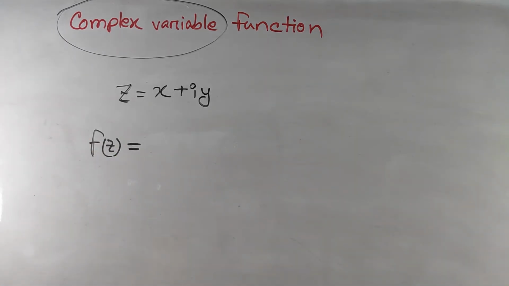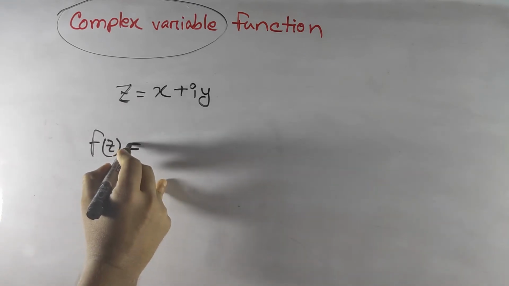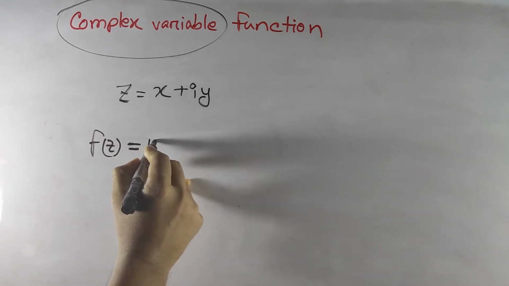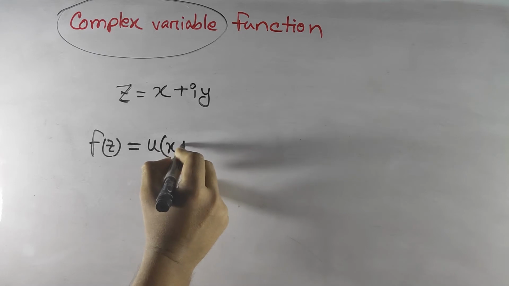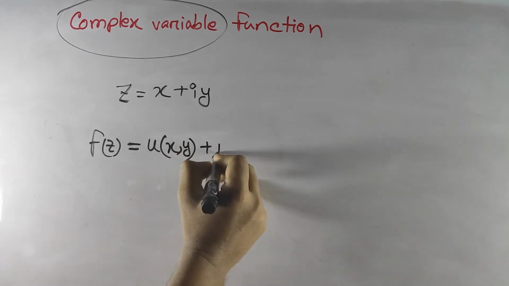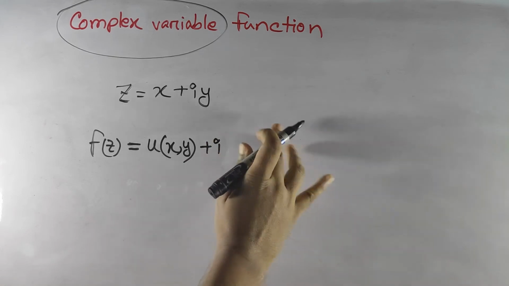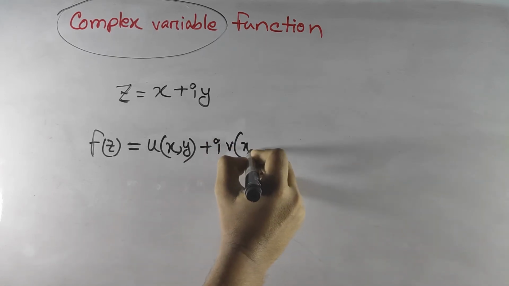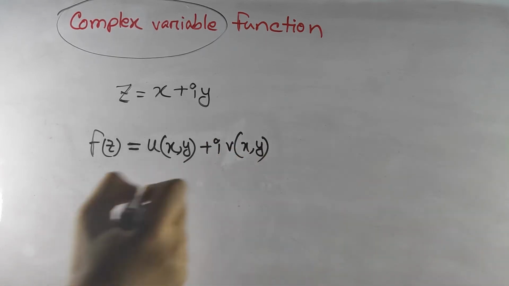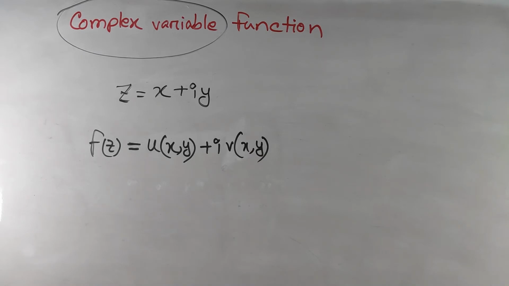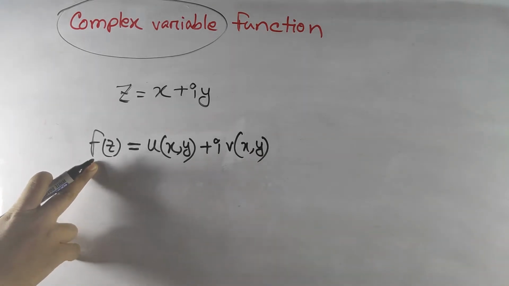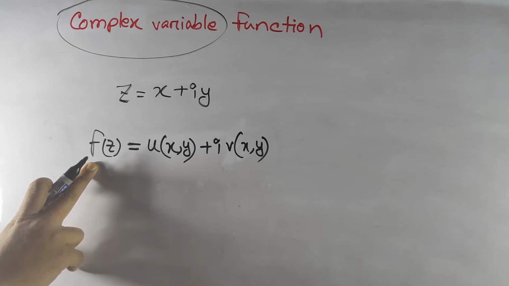One is a real part, or real function, let it be u, and another one is an imaginary part, or imaginary function. Then f(z) is called a complex variable function.